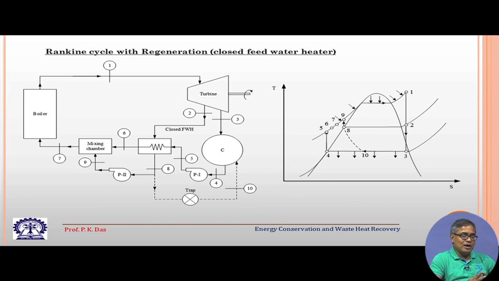By feed water heating, by extraction of steam, we get a definite increase in efficiency, but what we pay for is that for the same circulation rate of the working fluid, we get somewhat less power. In the reheat cycle, I told that there could be a marginal increase in efficiency, but we definitely get more work out of the same amount of fluid circulation through the cycle.